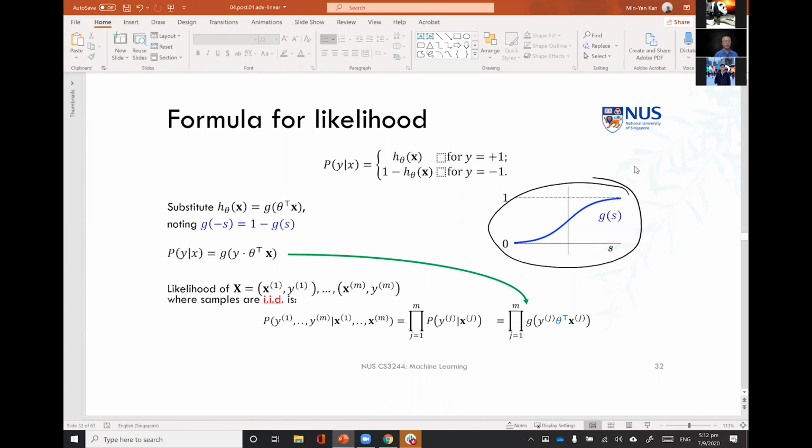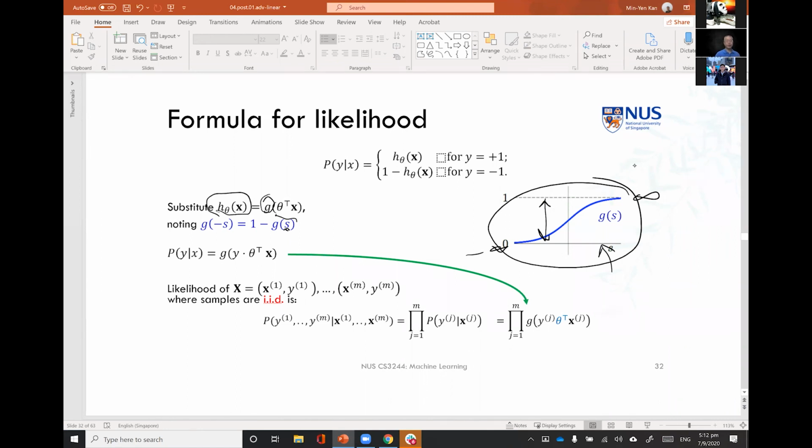We have our h, which is the form of our classifier. It's just this thing here, which is the signal, theta transpose x, and we're putting it through our function g, which happens to be the logistic function. We're going to take this negative infinity to positive infinity and squash it into something between 1 and 0. That's all we're doing.